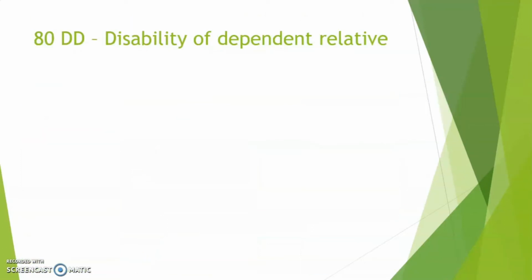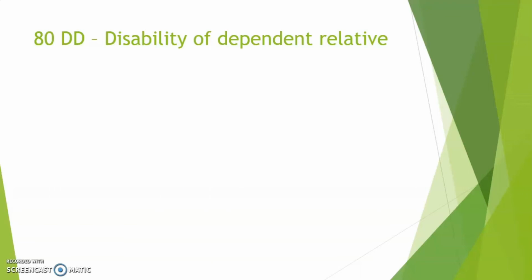Let's move on to the next one, that is 80DD, disability of a dependent relative. Now an easy way to memorize this section is by expanding DD to disabled dependent. So this deduction is regarding a certain kind of state of being of a dependent. Alright, so this deduction is something that falls under my categorization, not the institutes or acts categorization, my categorization of certain state of being.